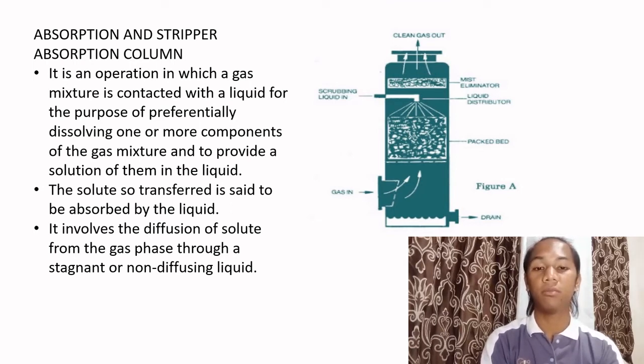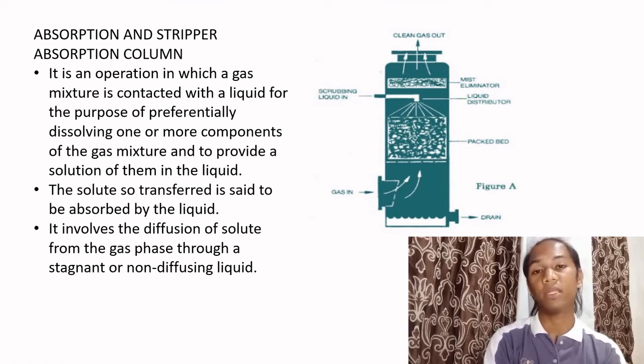Absorption is an operation in which a gas mixture is contacted with a liquid for the purpose of preferentially dissolving one or more components of the gas mixture and to provide a solution of them in liquid form. The solute is said to be absorbed by the liquid. It involves the diffusion of solute from the gas phase through a stagnant or non-diffusing liquid.